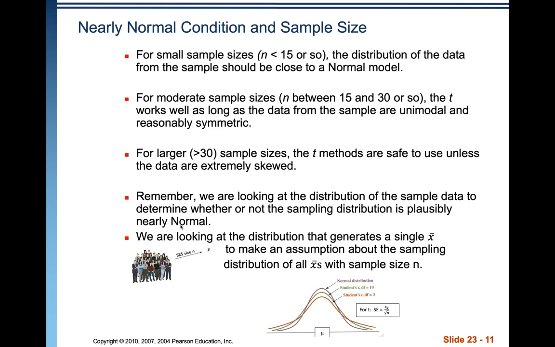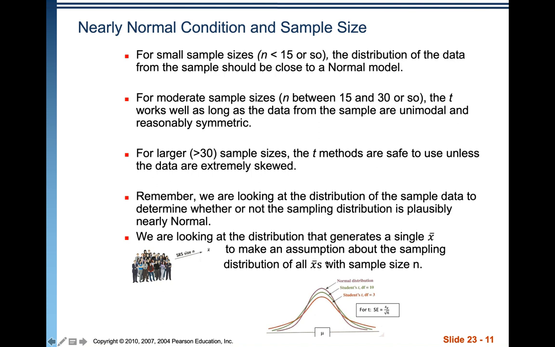So, in practice, we have our population and we take one sample of size n, x bar. We look at that sample, looking for clues as to what x bar is doing, what the sampling distribution of all the sample means would look like.